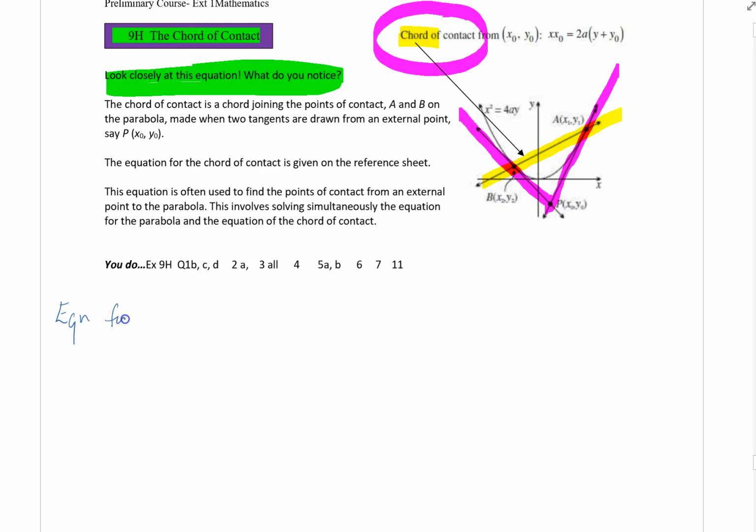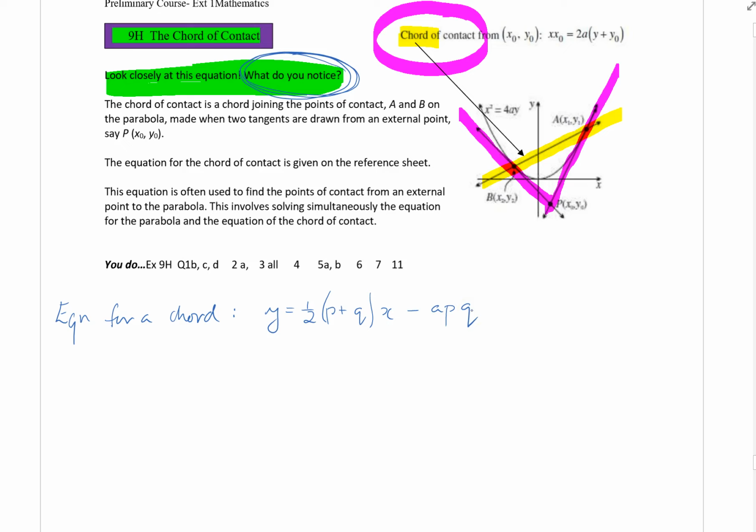The parametric equation for a chord in general is y equals a half (p plus q)x minus apq. Now, how different is where I need to get to from what I'm starting with there? Well, it's quite different in that we don't have any parameters. So we need somehow to be able to remove these parameters.